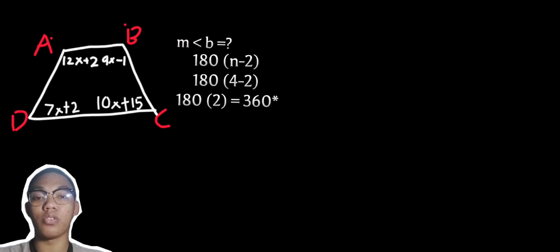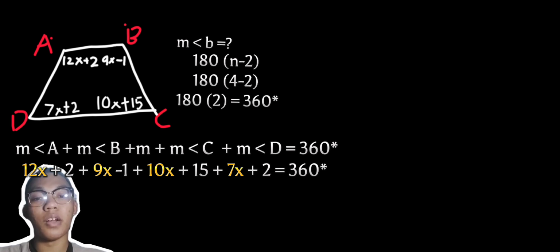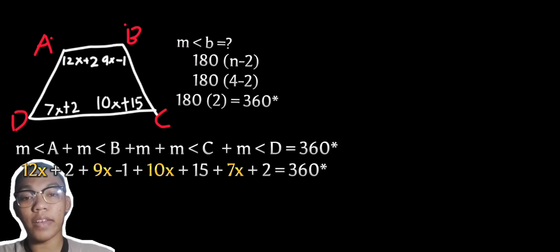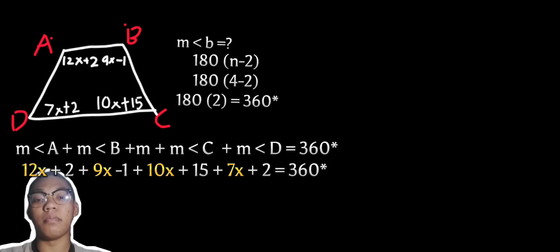So 180 times 2 is 360. So therefore, the measure of angle A plus angle B plus angle C and angle D, all of these have to add up to 360.